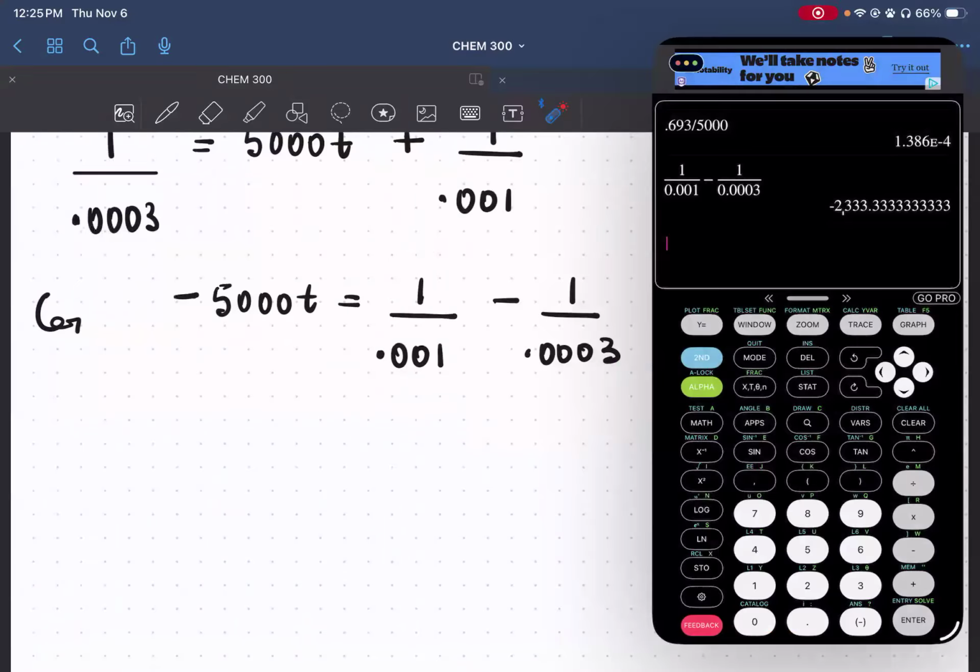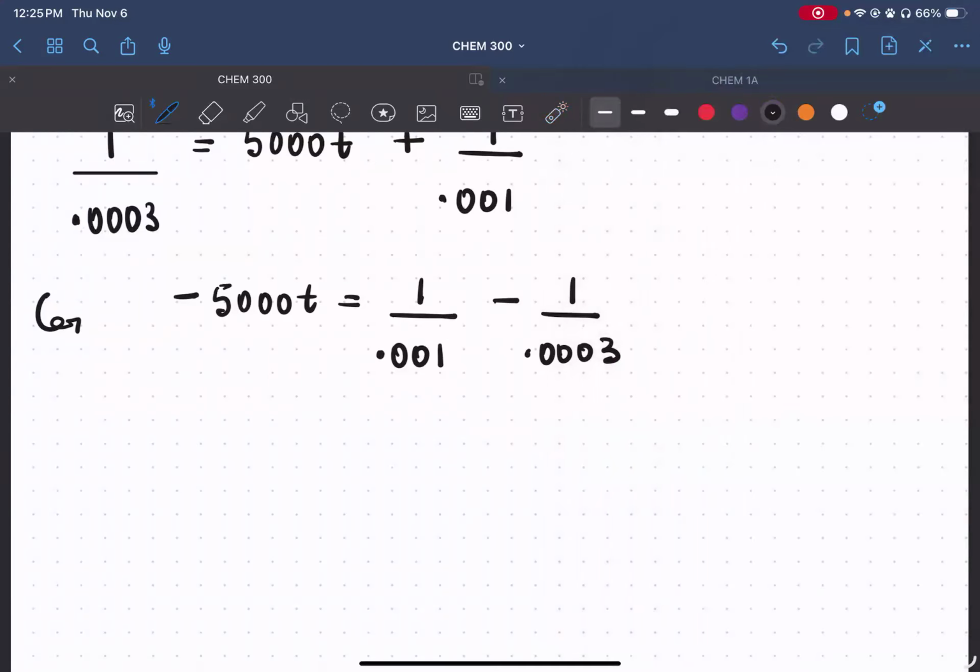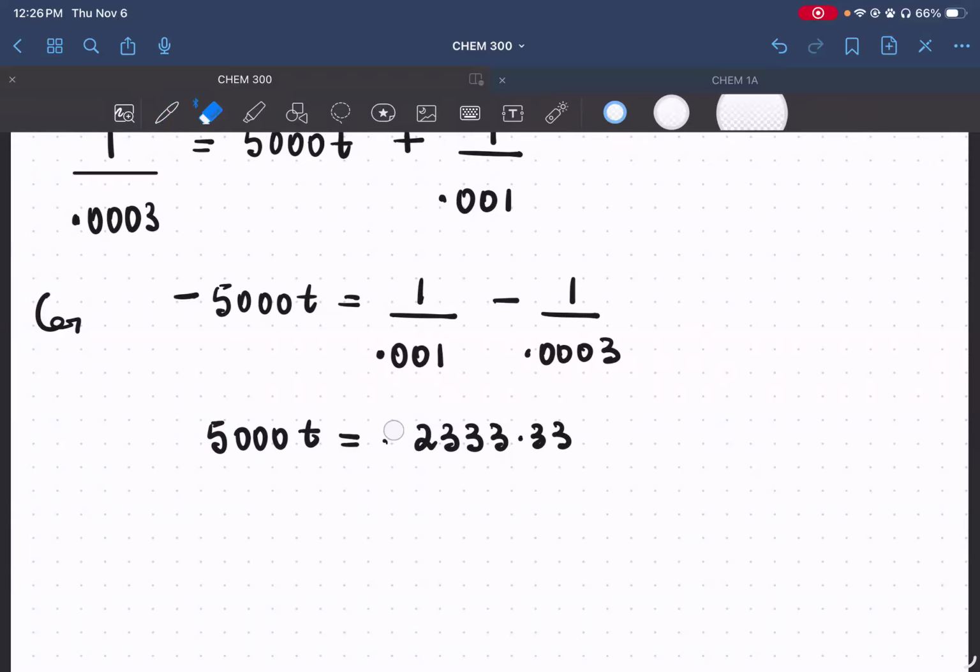Awesome. We get right here that this is approximately equal to negative 2,333, and those threes keep going. The fact that both of the sides are negative is kind of satisfying because if they're both negative, we can actually just cancel them out.